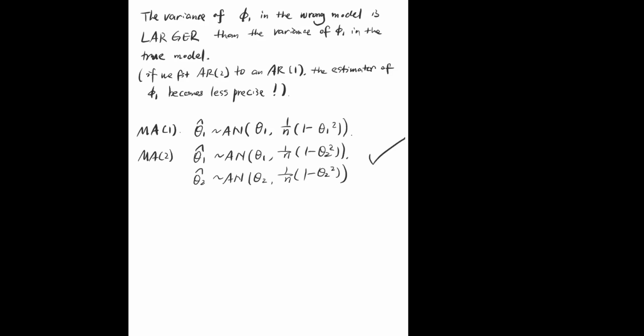Again, you can see all these estimators are very good estimators. They are unbiased, they are consistent, they are asymptotically normal. And moreover, you can use the same arguments as in the AR model to see that if we fit an MA2 as an MA1 model, the estimator of theta 1 we get would become less precise.